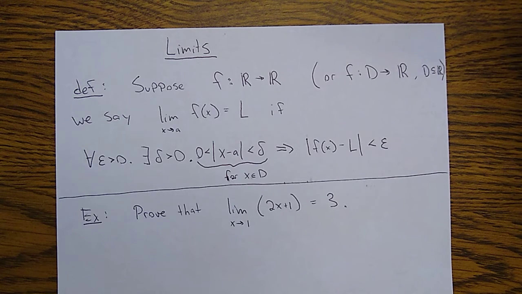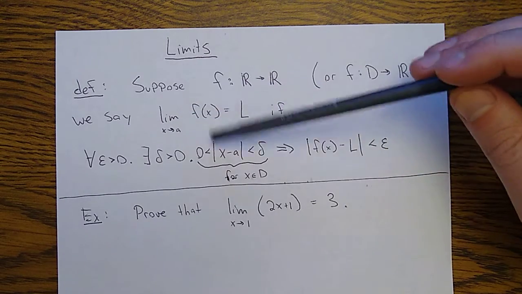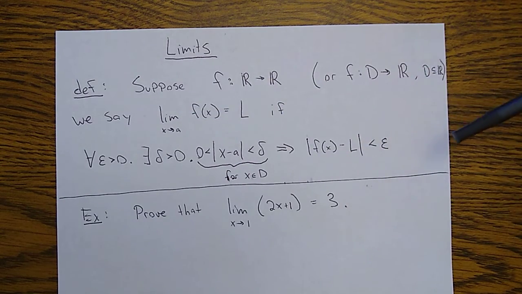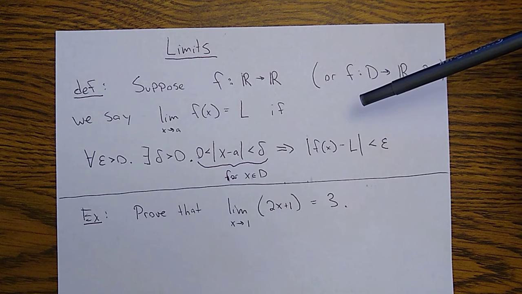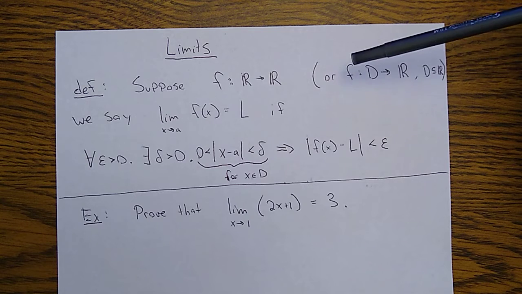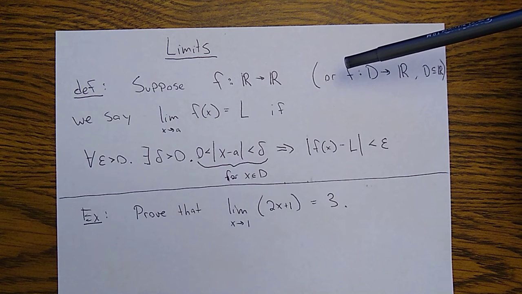First of all, this is the definition. This should be pretty much the definition that you saw in Calc 1. But of course, not everybody remembers that because in Calc 1, we typically do a pretty intuitive interpretation of limits and we don't look at the formal definition too much.